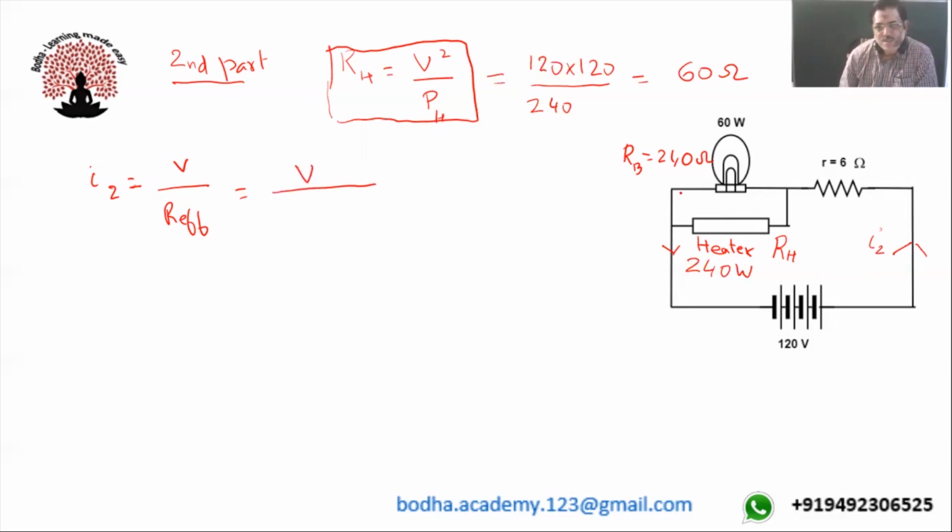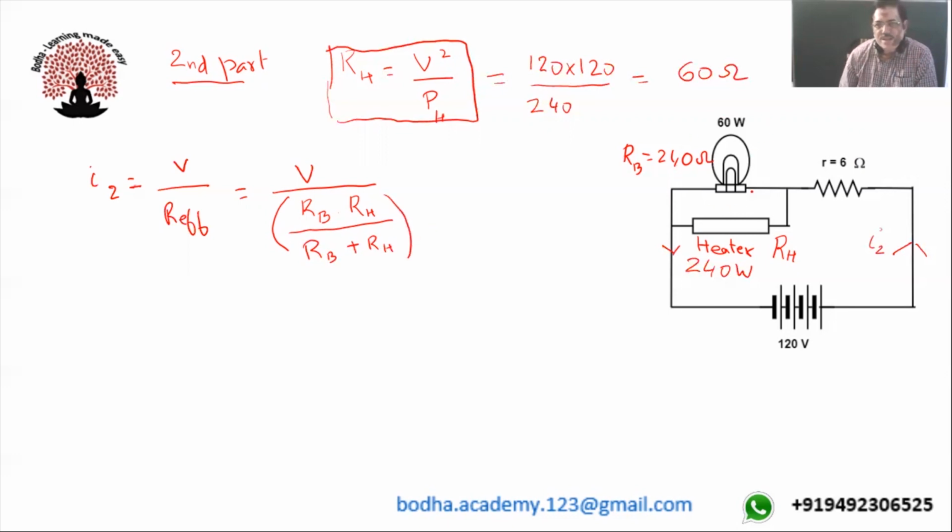R effective is nothing but here two resistors connected in parallel. So the resistance of the bulb RB and the resistance of the heater RH are connected in parallel. In a parallel combination, the effective resistance is given as RB into RH divided by RB plus RH.